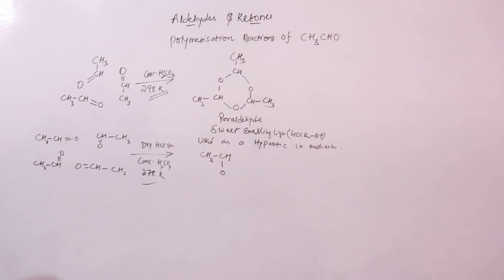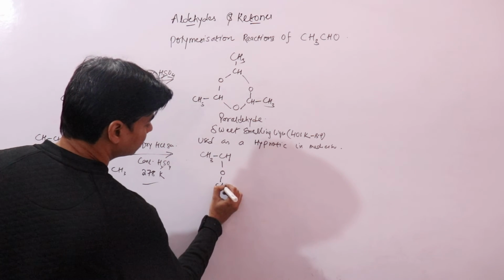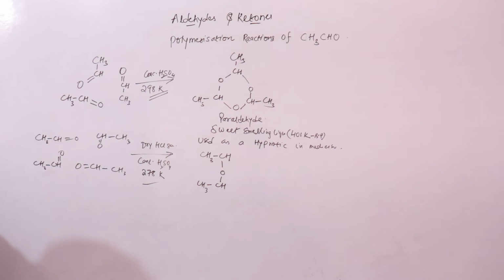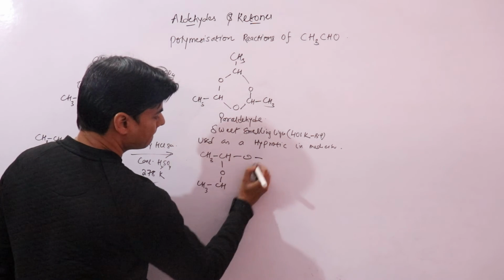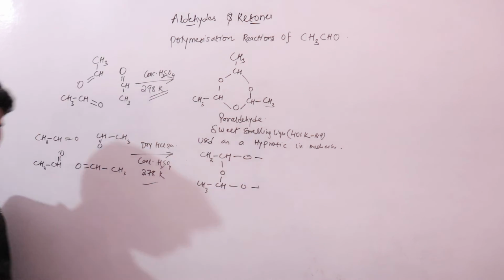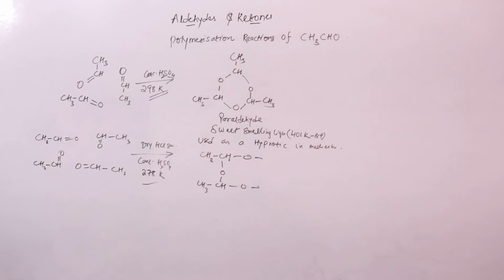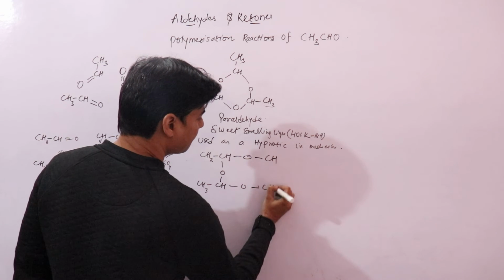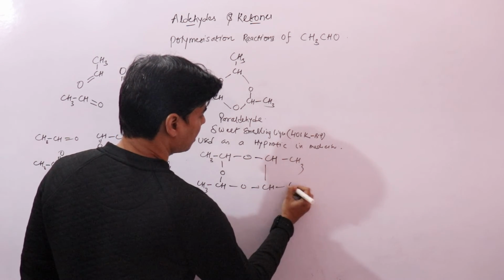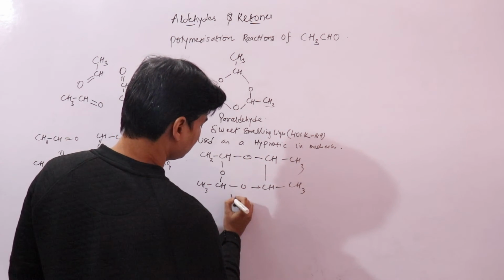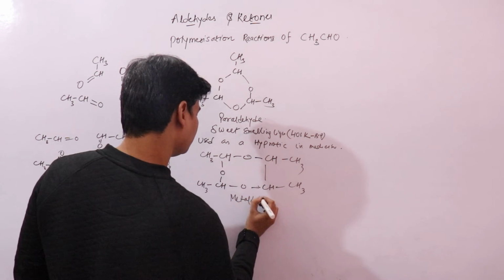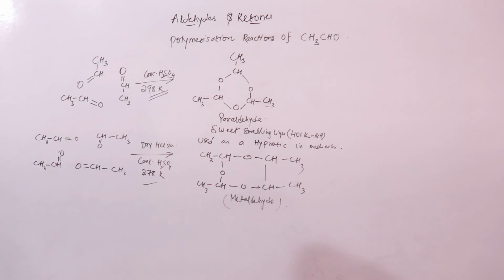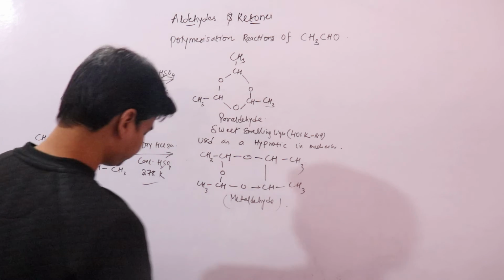This is how it will get formed. Similarly here, this is your metaldehyde. This is a cyclic tetramer, metaldehyde.